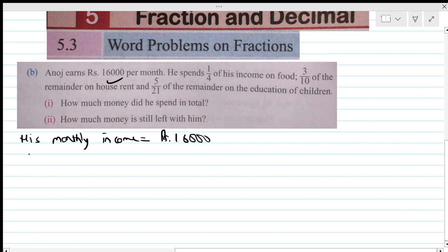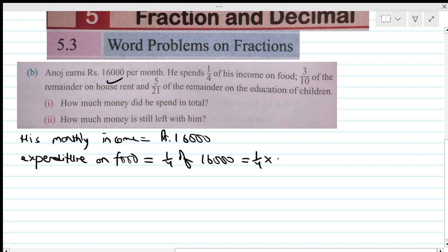So expenditure on food items, spending is called expenditure, we know this already. So it's one fourth of his income, one fourth of 16,000. 1 by 4 of 16,000 gives us 4,000 rupees.